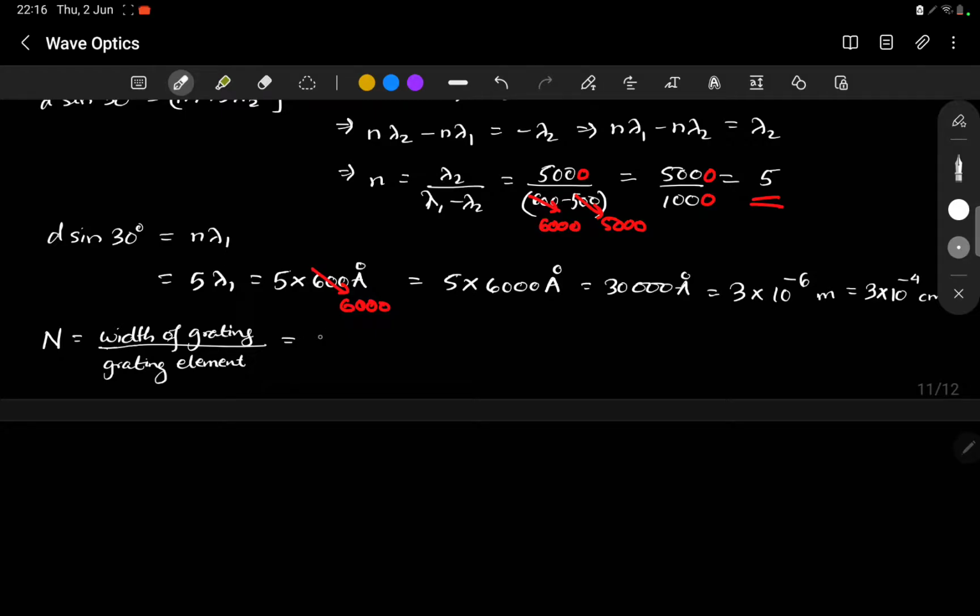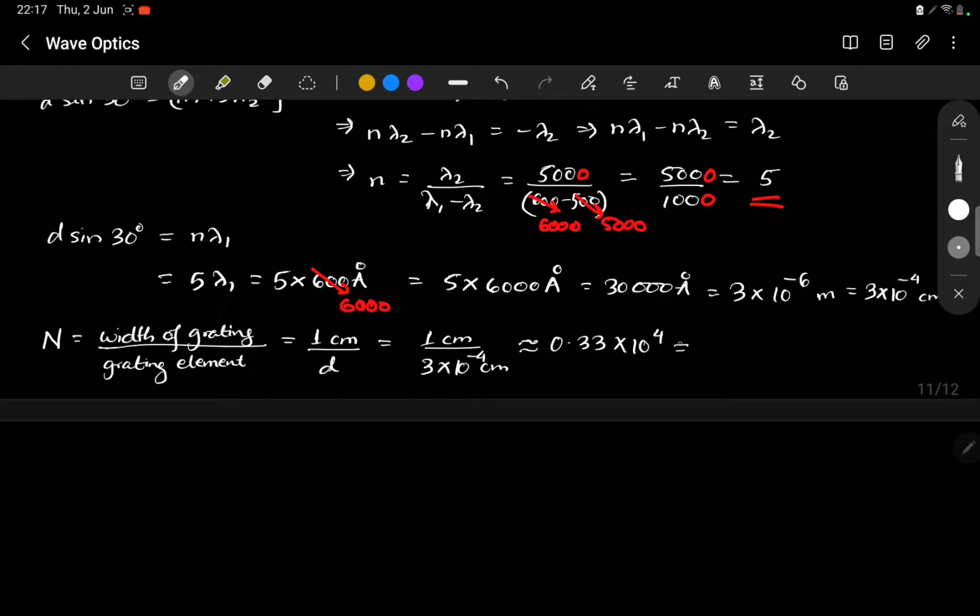So width of the grating we are given is 1 centimeter, and this denominator is d, so it is 1 centimeter over 3 into 10 to the power minus 4 centimeter, which is roughly equal to 0.33 into 10 to the power 4.